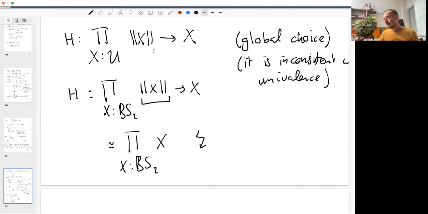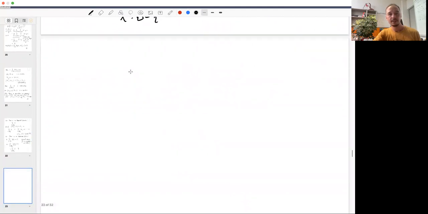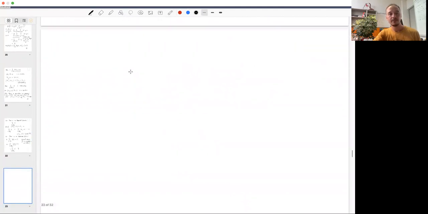Okay. So if we cannot assume global choice, we still may want to assume the axiom of choice. The only thing is that we have to be a little bit more careful.